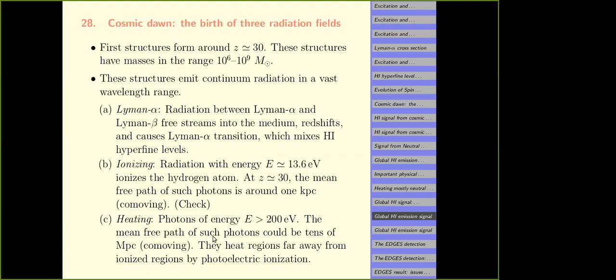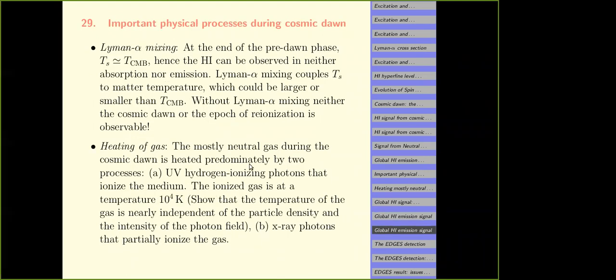So the mean free path of such photons could be tens of megaparsecs, and Janki's note actually gives you these numbers. They get absorbed far away from the ionized region by photoelectric ionization. So they also generate heat by ionizing, but that is a more complicated process because there are far fewer of these photons as compared to the ones close to 13.6 electron volt. I'll briefly touch upon these physical processes.